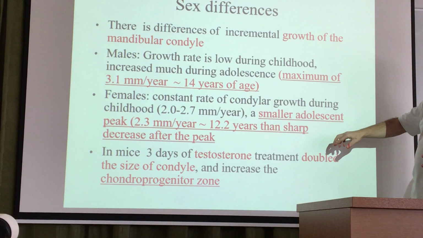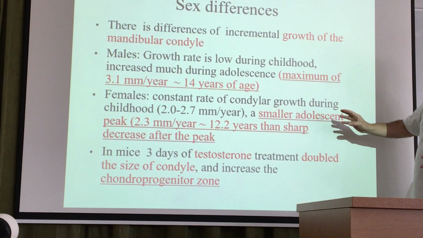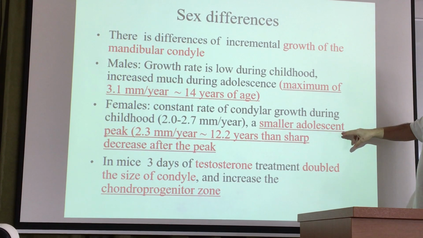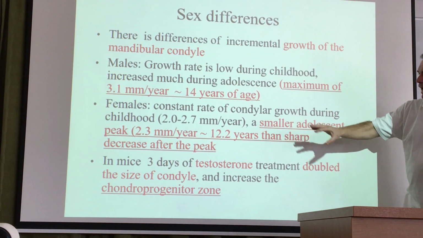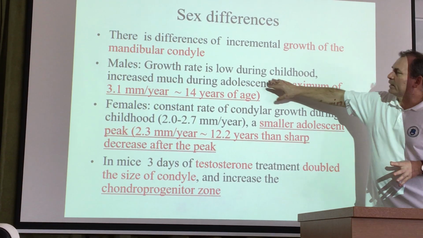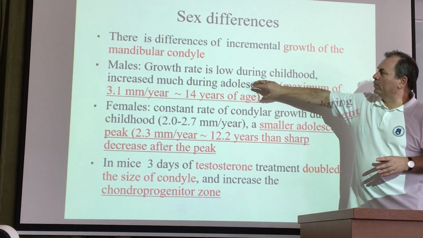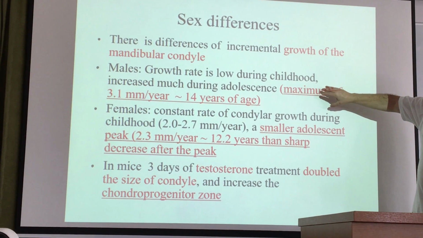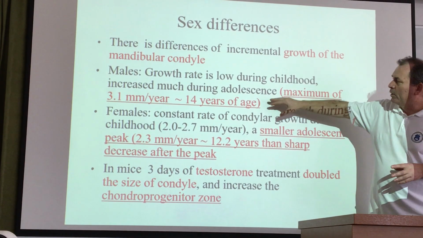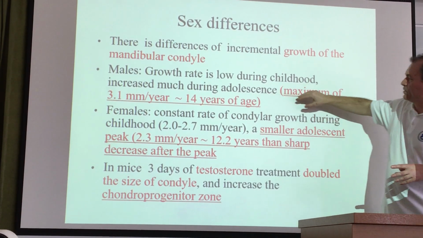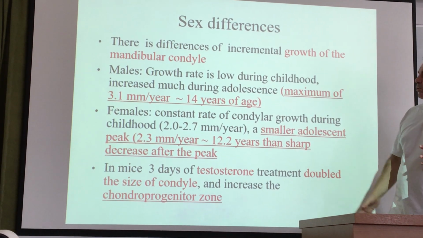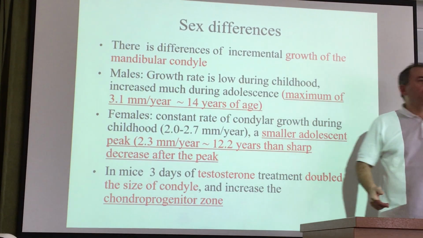And there is no acceleration of the growth of the mandible in adolescent time. But in males, so in boys, you will see that in adolescent time, the maxilla and the mandible growing is increased significantly.